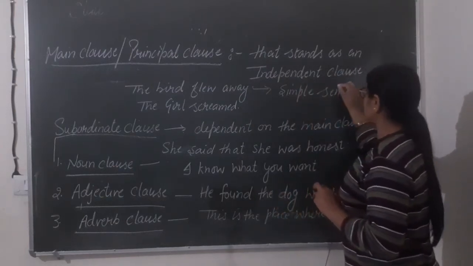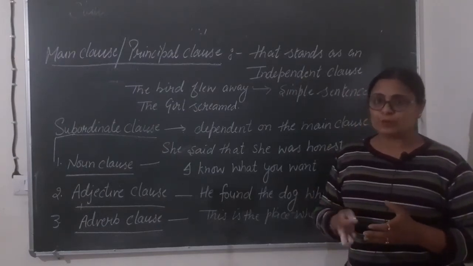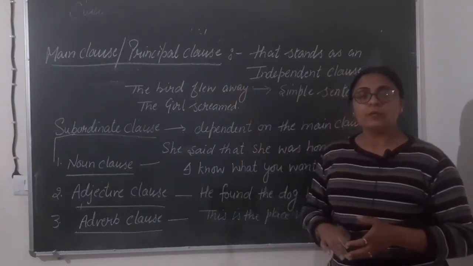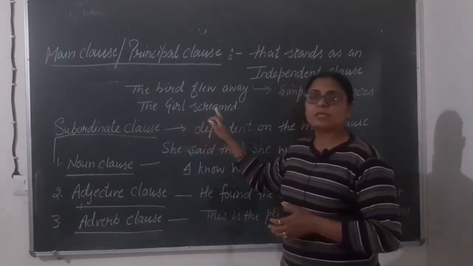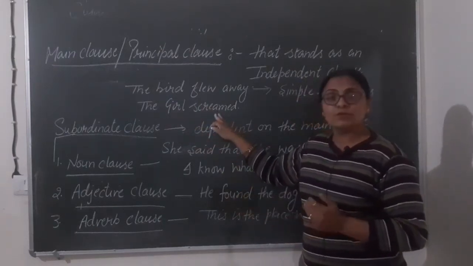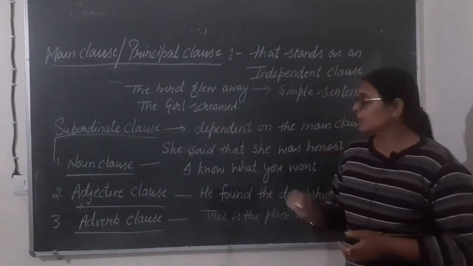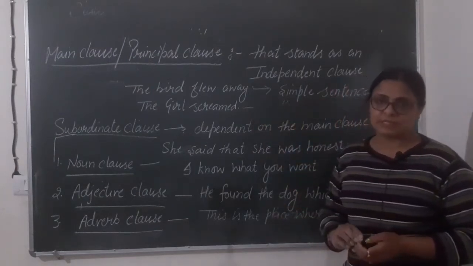Here we will also discuss how many kinds of sentences can be formed from the use of clauses. From the main clause or principal clause, we have simple sentences. The second example is: The girl screamed. Here the girl is our subject and screamed is the verb, but it is also working as the predicate. That's why it is also known as a simple sentence.